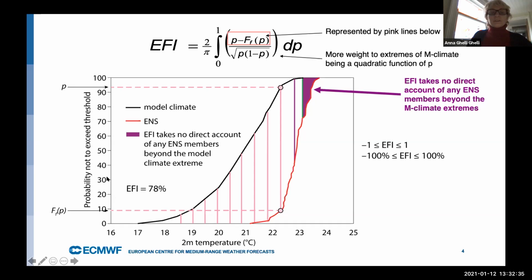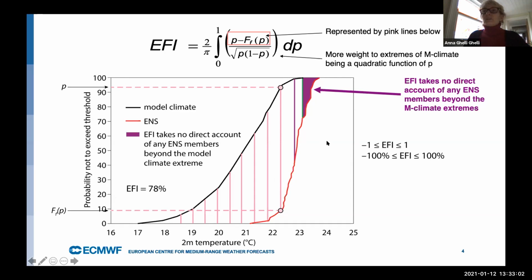So if you have a 30% probability of not exceeding a threshold, and the threshold is the value 22.5, you still have a 70% probability of exceeding that threshold. So you have 70% of your values being above 22.5. I hope this is more or less clear.